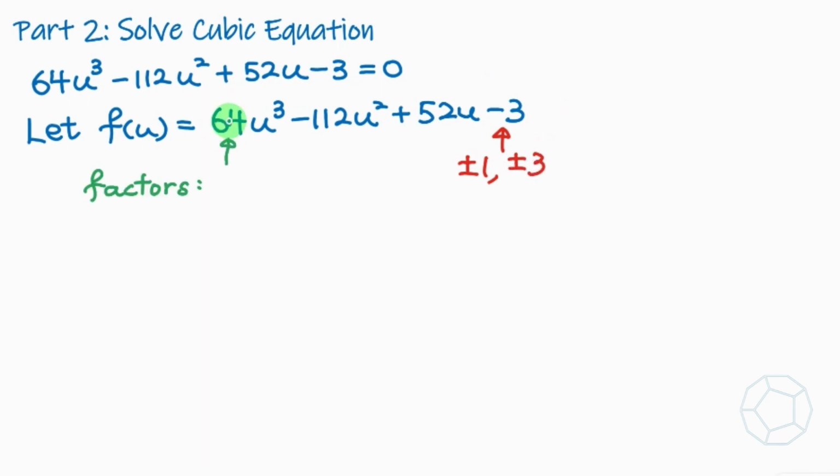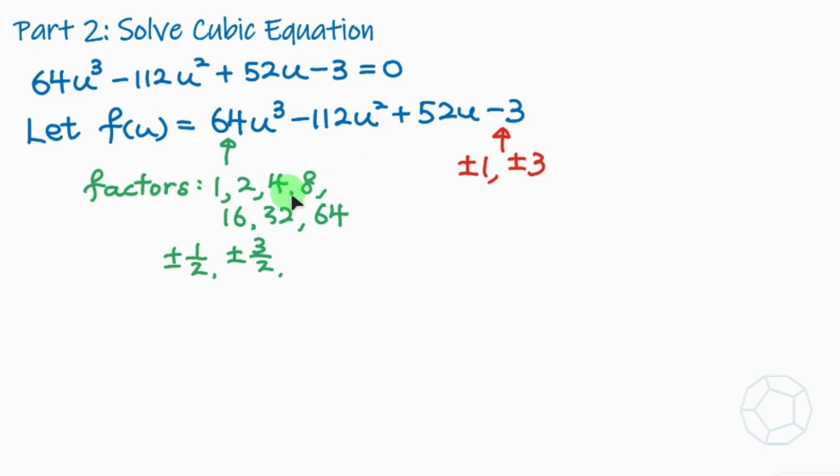And for the leading coefficient 64, the factors are 1, 2, 4, 8, 16, 32, and 64. For these values, they can be regarded as denominators. Therefore, if we take 2 as the denominator, using the red values as numerators, then we may try plus or minus 1/2, plus or minus 3/2.